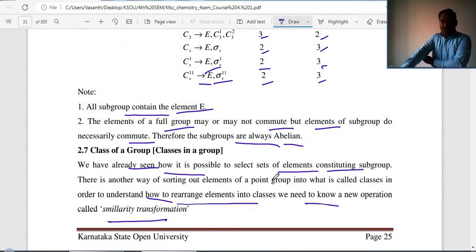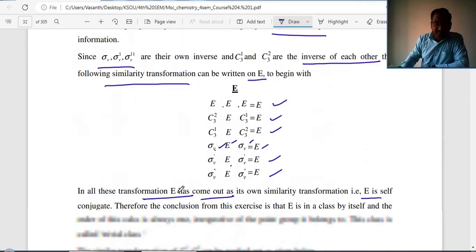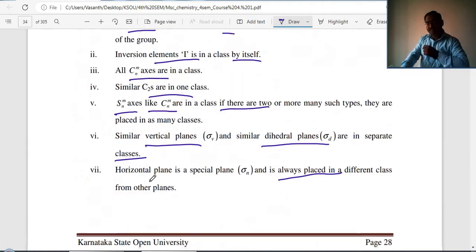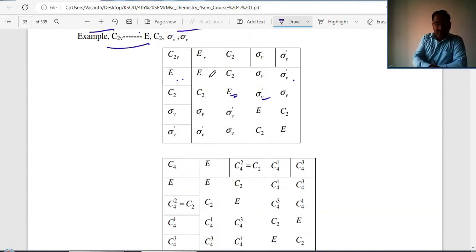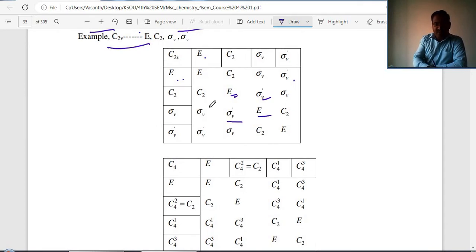Classes in a group: we construct the table. Sigma v into E, sigma v into C2 is sigma v dash, sigma v into sigma v is E, sigma v into sigma v dash is C2.